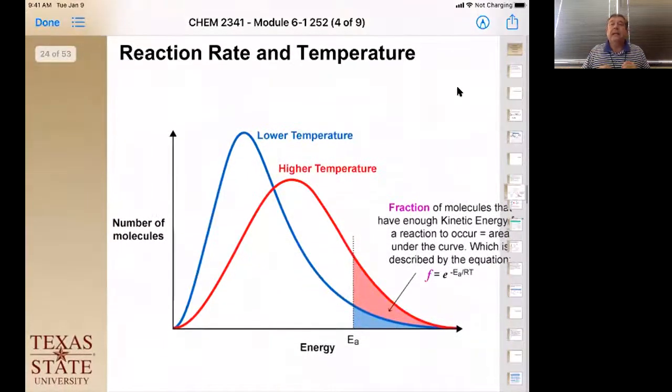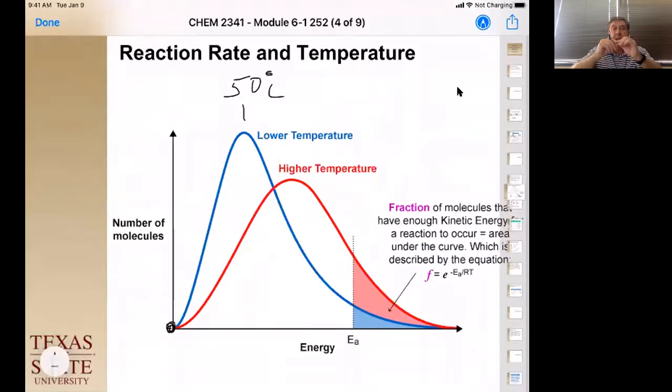So the reason it does that is that you have more molecules with enough energy the higher temperature you go. Okay, so let's say we're starting the reaction at 50 degrees C right here. And this is no energy, so that's the molecule that's just sitting there not moving at all in the solution, okay? It has no kinetic energy. So if you take the weighted average of all the energy of all the molecules, that's gonna be about here. But notice that peak of energy for most of the molecules is below the activation energy.